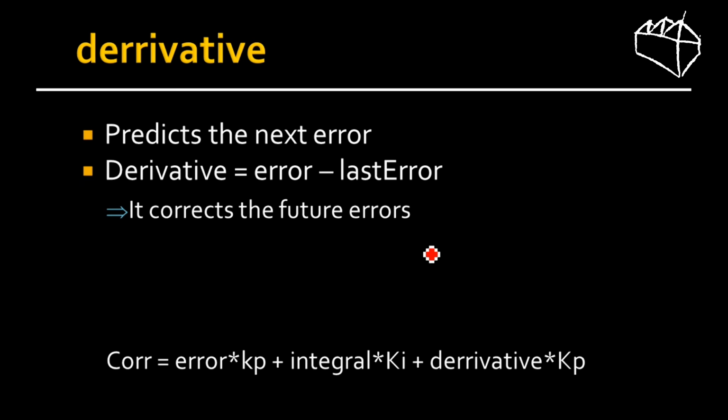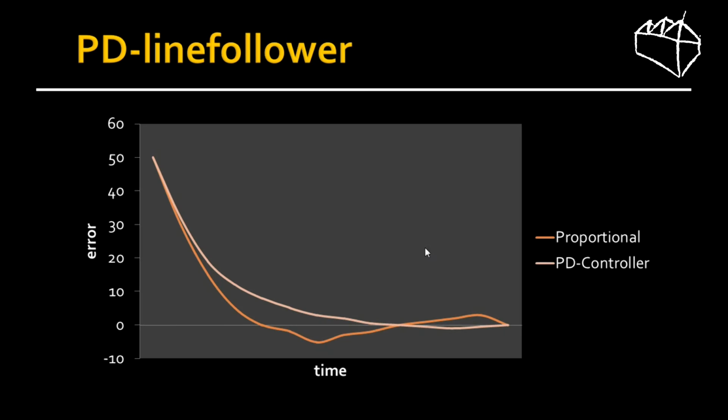Well, let's move on to the last missing part of the PID Linefollower. It's the derivative, and what it does is it predicts the next error by measuring the difference between the current error and the last error.